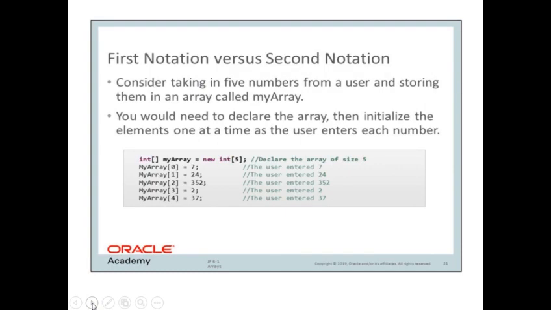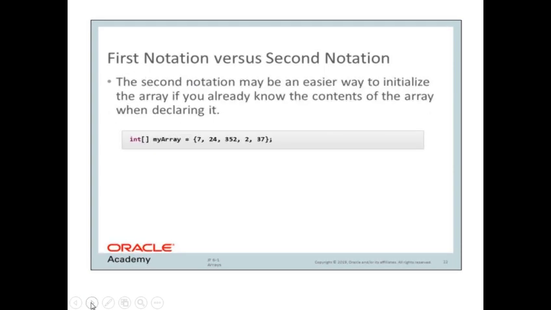You need to declare the array, then initialize the elements one at a time as the user enters each number. The second notation may be an easier way to initialize the array if you already know the content of the array when declaring it.